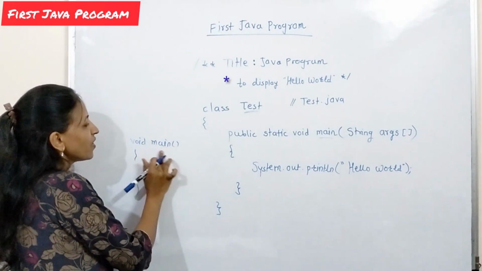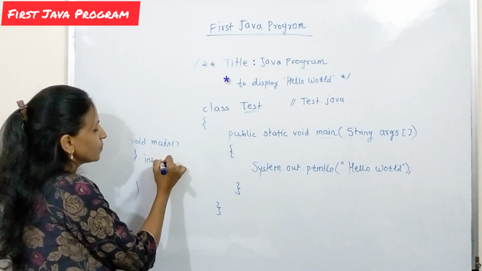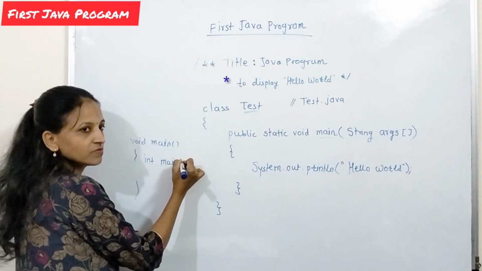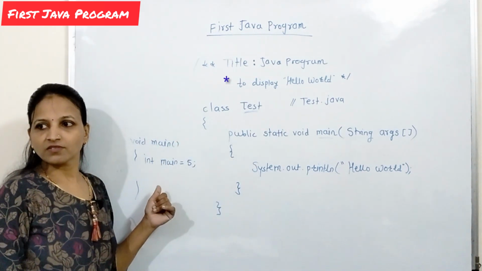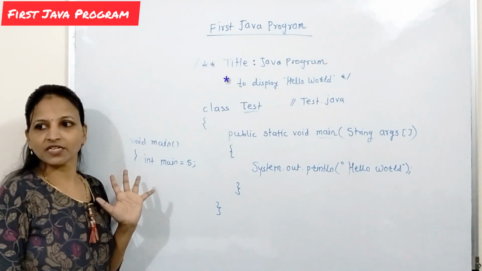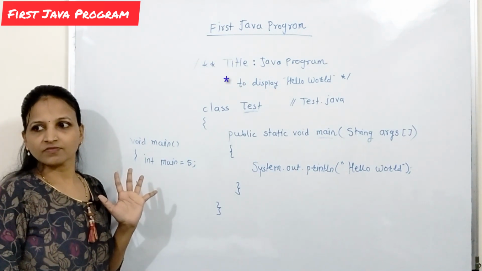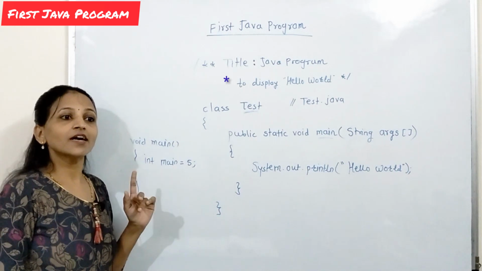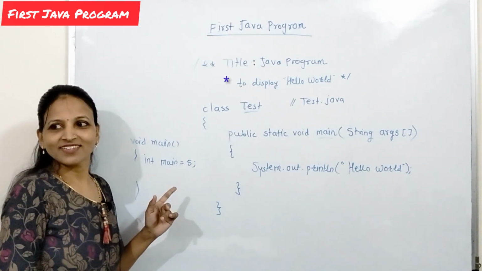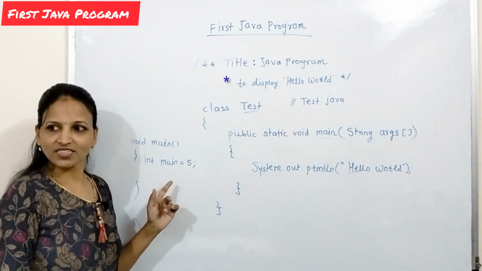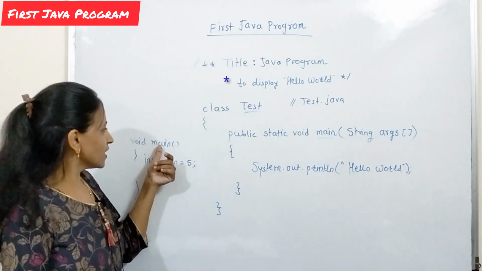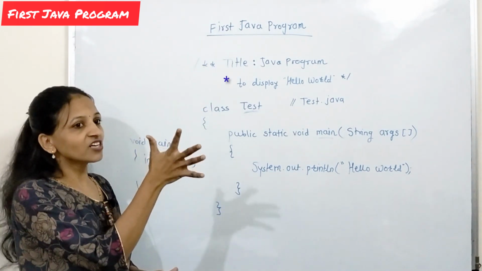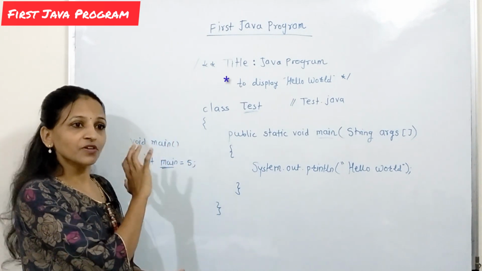Next, if I write like this, int main, is it allowed or not? Tell me. It is allowed. I think I have explained this point. Why? Because main is a name given to a predefined function.